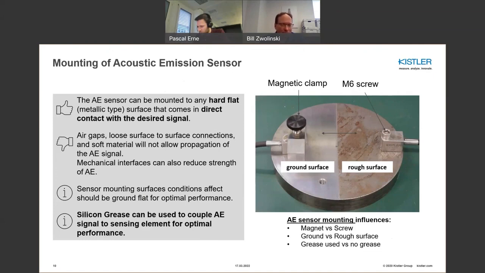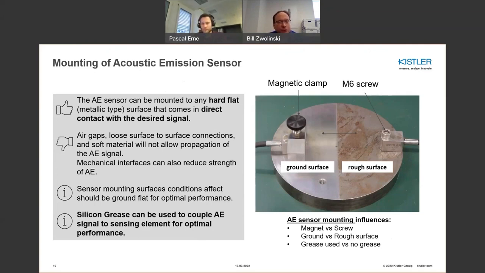I usually tell people if you're going through a lot of mechanical interfaces, you're going to have some signal loss per interface. And if any of those interfaces result in loose surface couplings, you're going to further lose acoustic emission, much like an air gap, and then you'll have to find a better location.